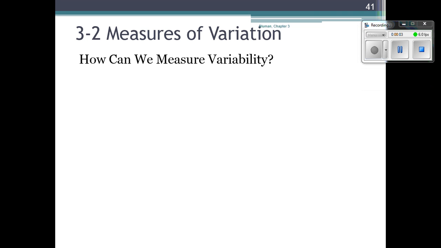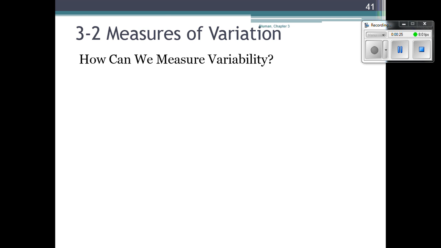Okay, this is section 2, and like I said today in class, we're going to get into variation. Variation is the same as what you think about in your day-to-day life. It's the difference between things, how much things change.